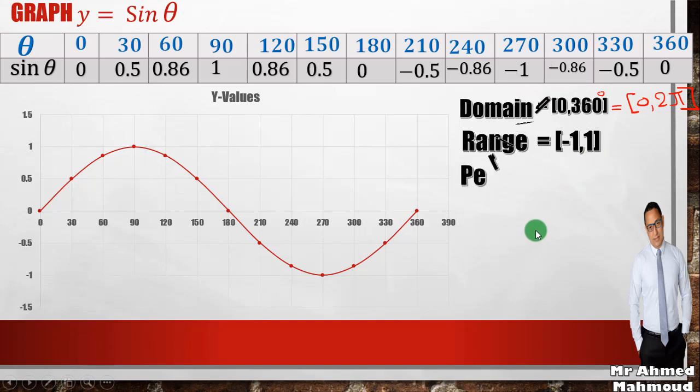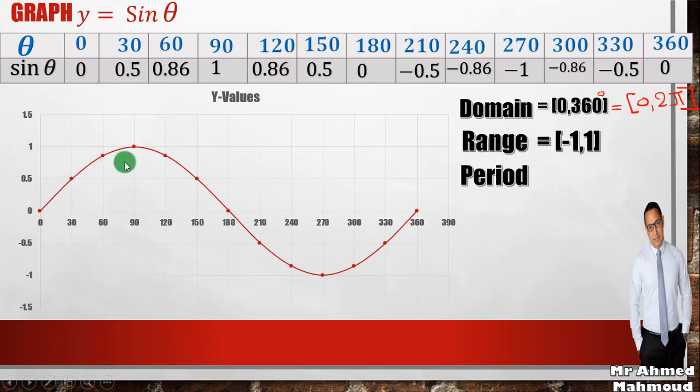Okay, finally the period. As I said, the function is called a periodic function, or a repeated function. The function started at 0, sine theta starts at 0, and ends at 0.